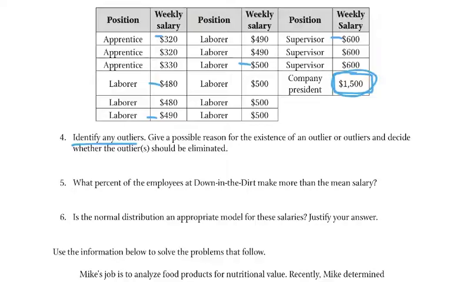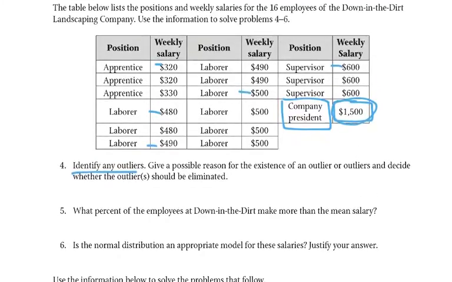Okay. So if we think about it, being the head of the company, obviously you're going to make more, and usually a lot more. So that would explain why it's clear out there. Should we eliminate it? Well, it depends on what we want to talk about. Are we talking about all the employees, or are we talking about a certain type of employee? It would be tough to make the case that you're going to remove him because that's only one person.